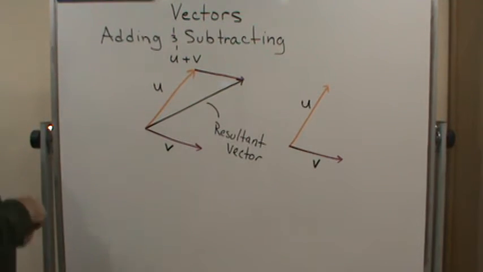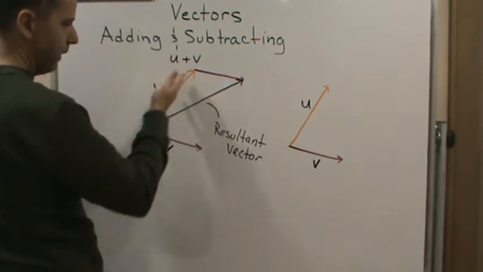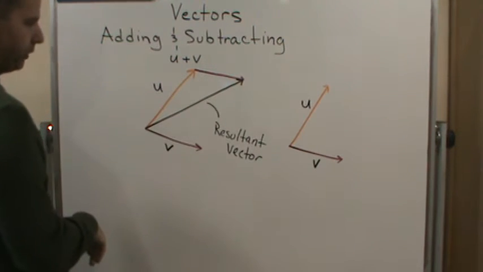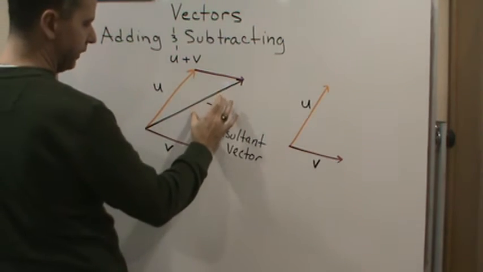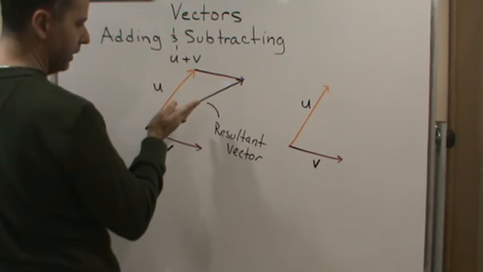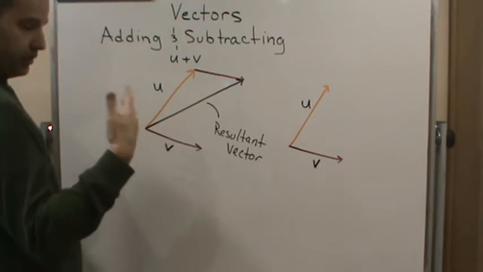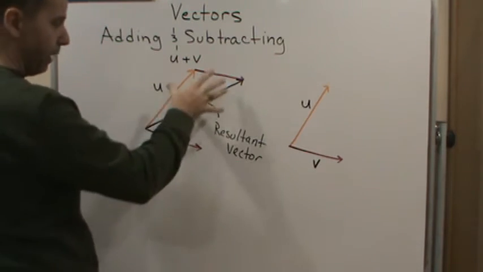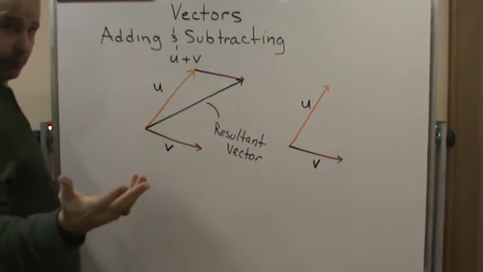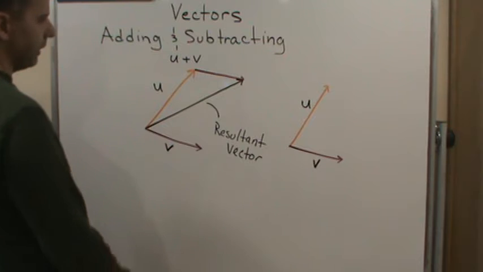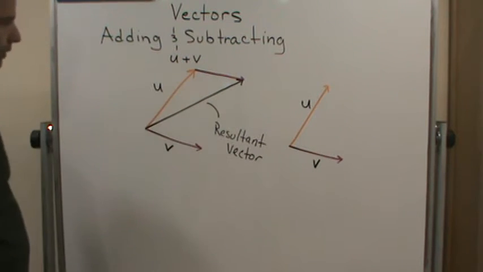Okay? And that's the sum of the two vectors, u plus v. And so this is the resultant vector that tells you the direction and the angle or the magnitude of the forces combined on an object, let's say. Okay? So this would represent adding the two vectors.